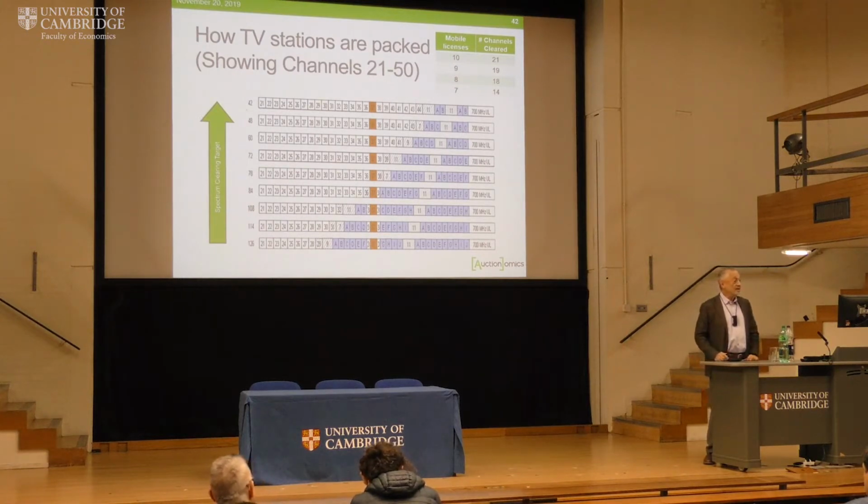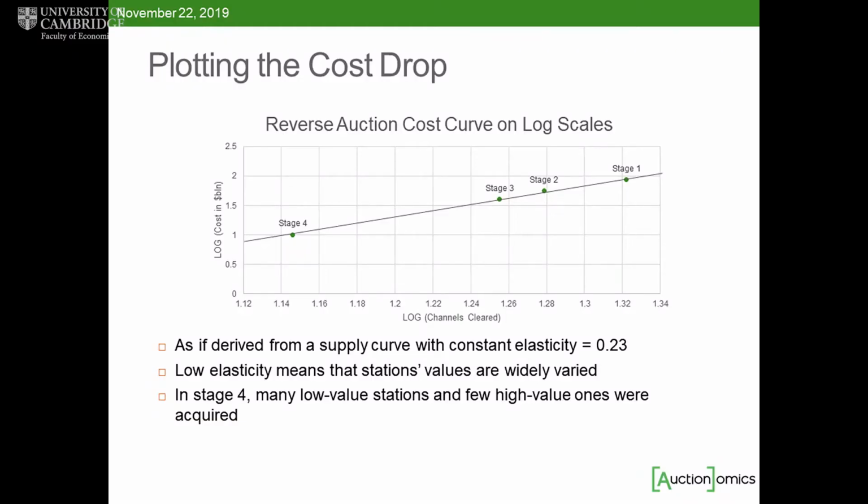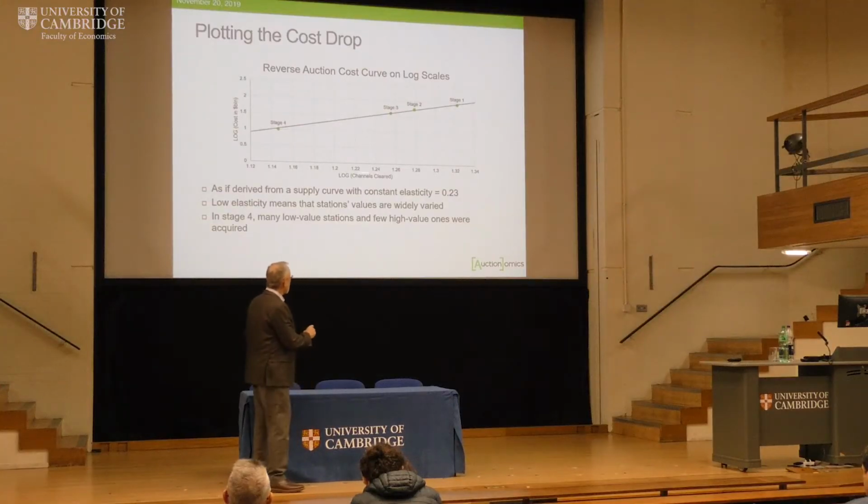This is a very ugly kind of pattern. Let me skip here for a moment and I'll come back to this to show you how this played out in the auction. But this is on a log scale, logs base 10. If you were to take a look at the number of channels cleared versus what it cost us to clear the channels, it looks very nice.